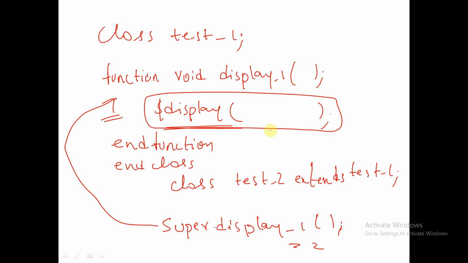So if I use the keyword super with my function, then it is referring to the function which is declared inside my test_1. So that function will be called and the statement written inside the display_1 function will be displayed. That is the procedure. Is this clear? Yes, thank you. Yeah. So this is a way of creating child classes from parent classes.